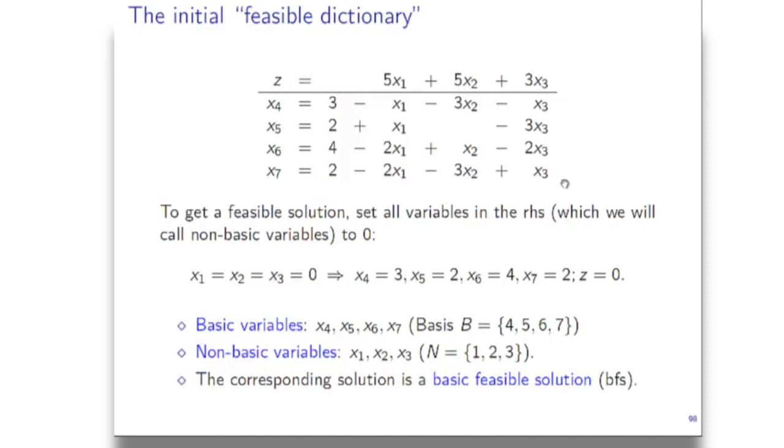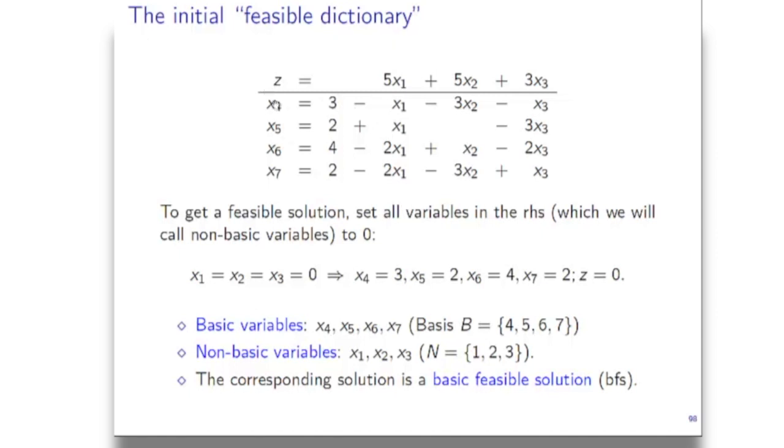These variables that we have here on the left, remember we started by using the slack variables on the left, so these variables are the only variables that can be positive in this representation, right? So as soon as we set all the variables here to 0, these are the only variables that can be positive. And we'll call these variables the basic variables.